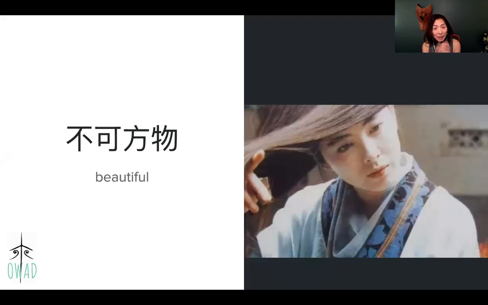Like I cannot compare her beauty with any non-human objects, with any things. Throughout history, literary men came up with all kinds of ways to describe how they feel toward the other, not necessarily the other gender, but toward the objects of desire.